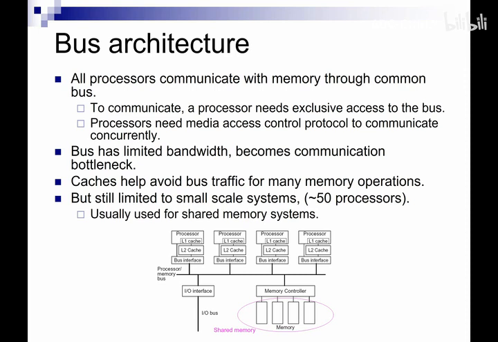You can add some caches to these processors to lessen some of this memory traffic, because if the data a processor needs is sitting in the cache, it doesn't need to go through the bus anymore. However, even with caches, you're not going to be able to build very large bus-based systems. You might scale to a few dozen processors, but that's it. And these buses are usually used for the shared memory type architecture.